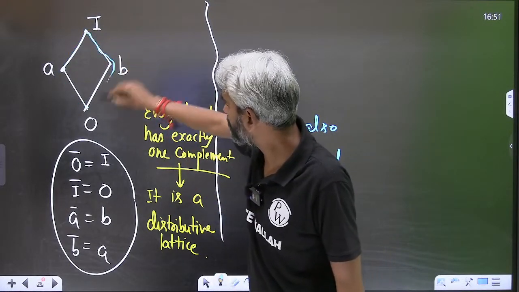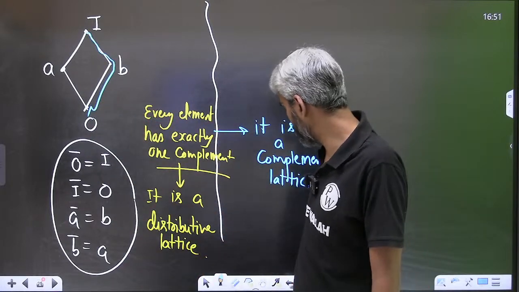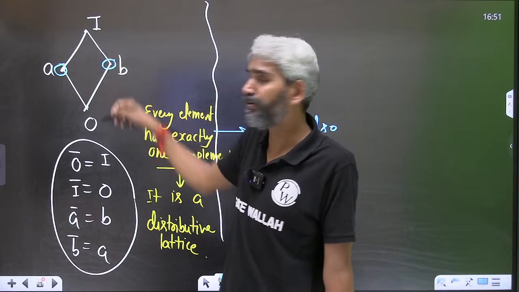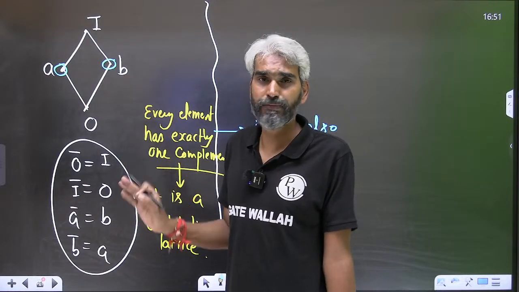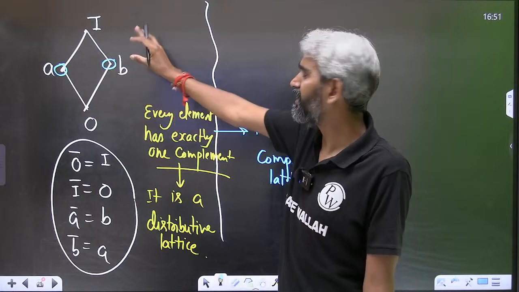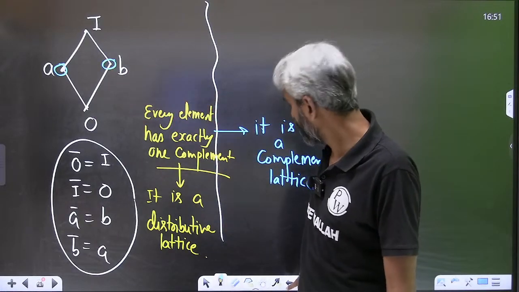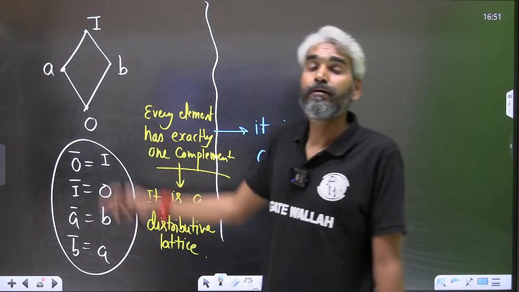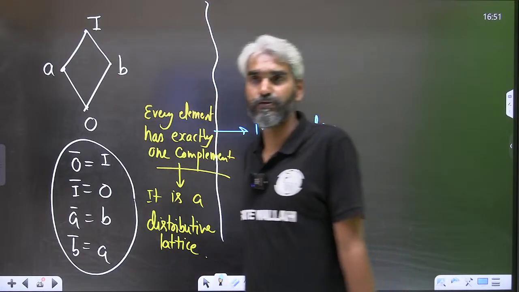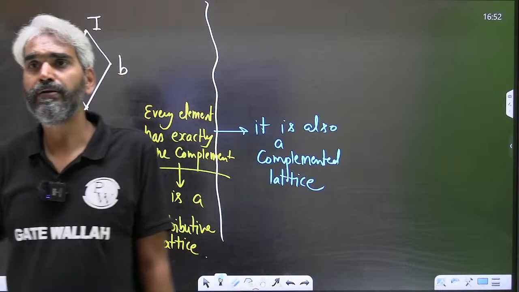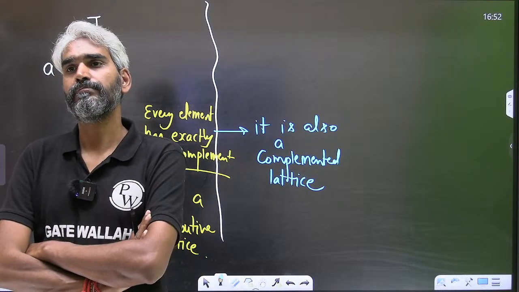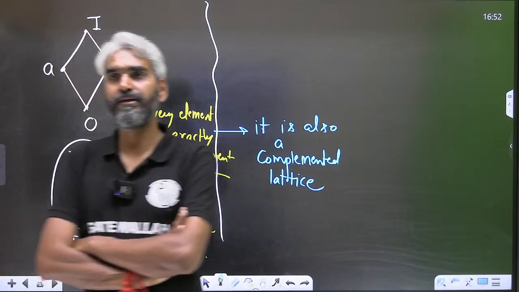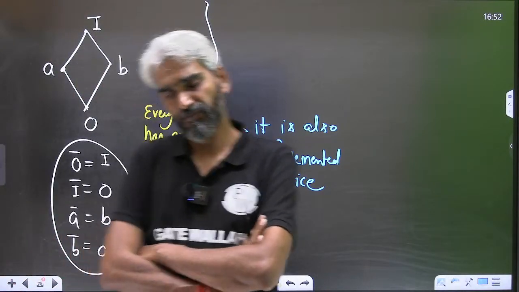The only other case is if you choose two from here and one from the remaining two, then it will also satisfy the distributive property. You can cross check that, check A, B, I and A, B, O, and you will see that the distributive property is satisfied for all the triples within this lattice. So every complemented lattice having exactly one complement will be distributive.